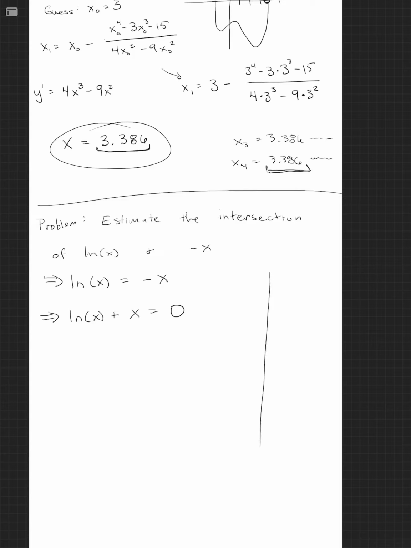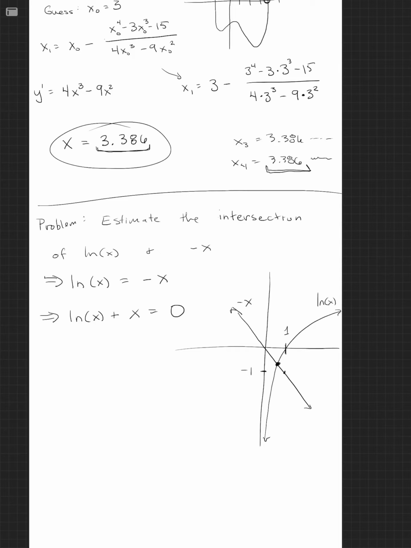to get our guess, we might still want to graph, right? So if I graph, this is ln of x, this is negative x.